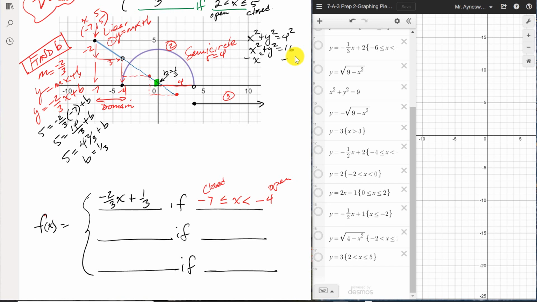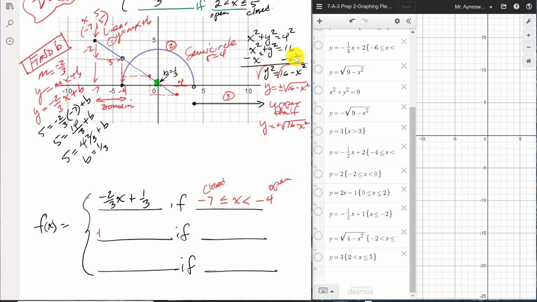Subtract x squared, just like I did on the previous problem, and you get y squared is equal to 16 minus x squared. And then you square root, and you get y is equal to plus or minus the square root of 16 minus x squared. And so the upper half is the positive root. The lower half is the negative of the root.